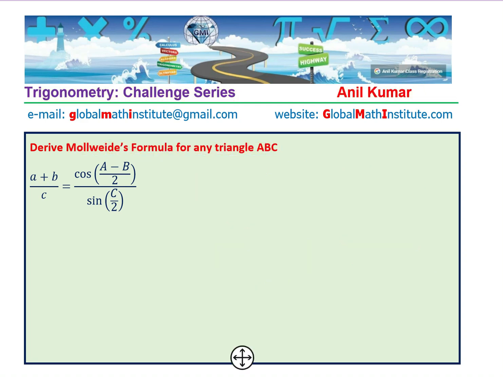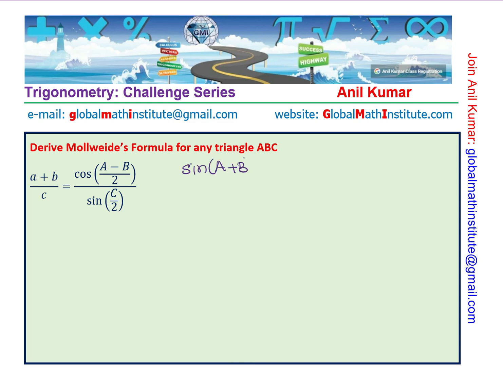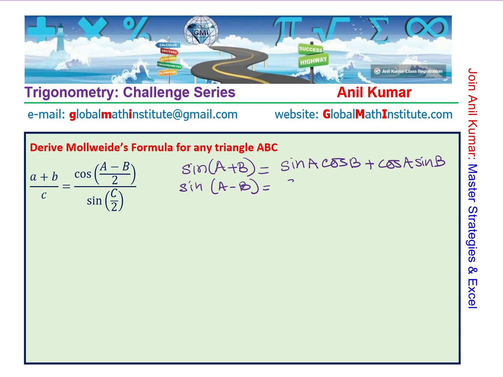Okay. So recall, what is sine of (A plus B) equal to? Sine of (A plus B) is sine A cos B plus cos A sine B. And sine of (A minus B) is sine A cos B minus cos A sine B, right?